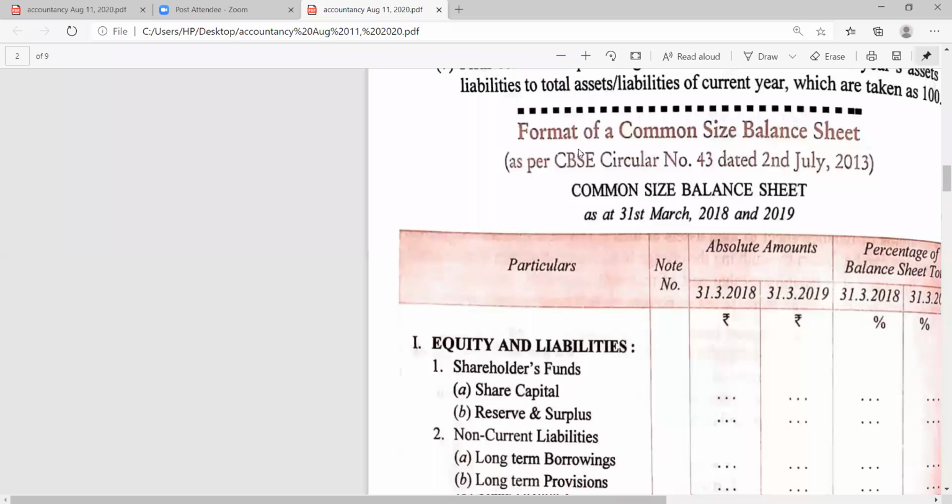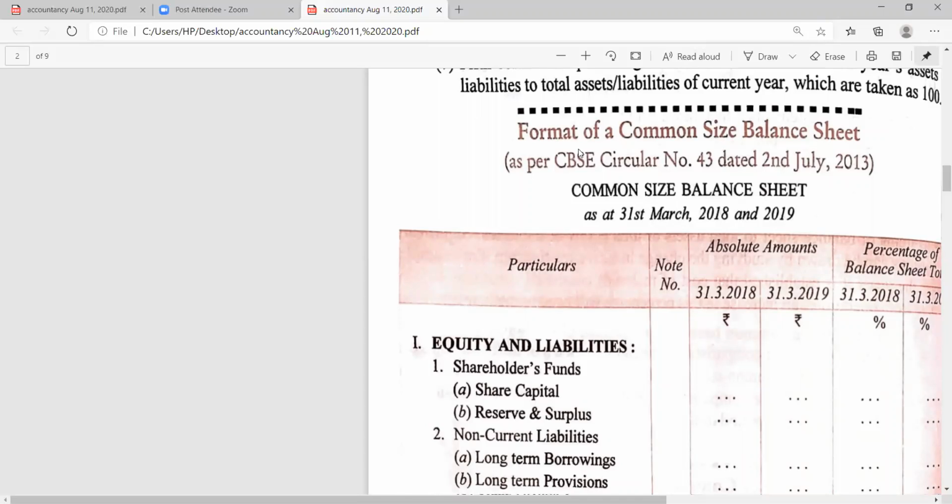In the common size balance sheet, the total of equity and liabilities is the base, and in the comparative statement, no common base is to be considered. The difference between 2 years or more than 2 years figures is to be considered there as an increase or decrease. Is it so? Yes, ma'am.